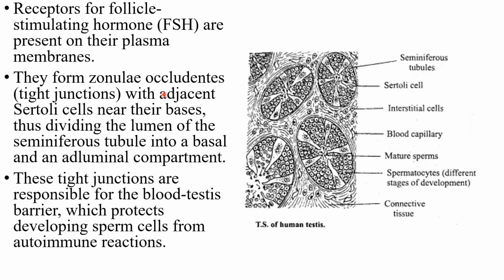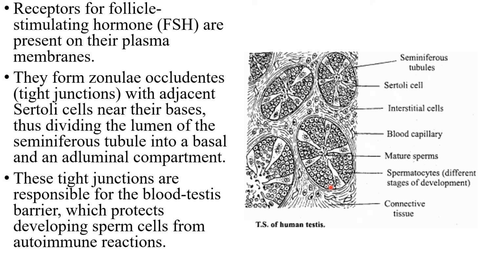So at the base they are connected to one another through tight junctions. You can see here superficially they look like they have no connection, but at the base they have a common connection through tight junctions. So at the base they are called basal compartment, and above they are called adluminal compartment.